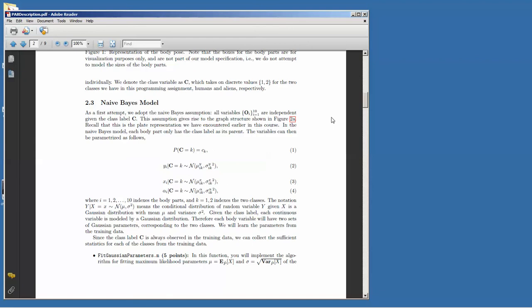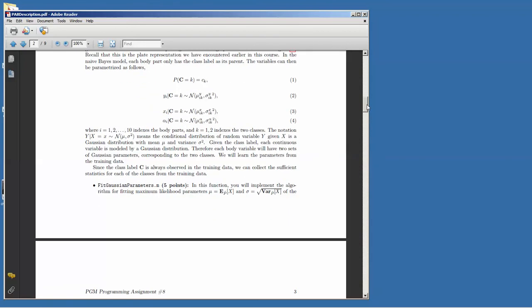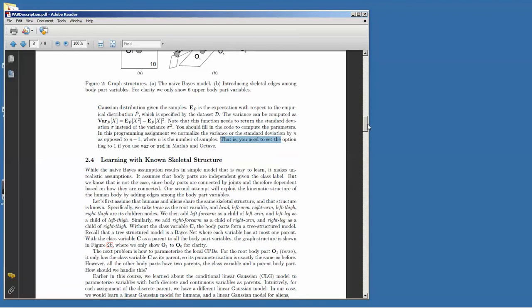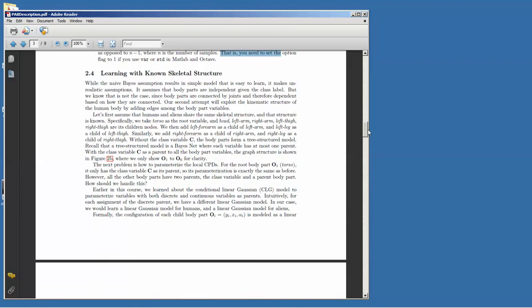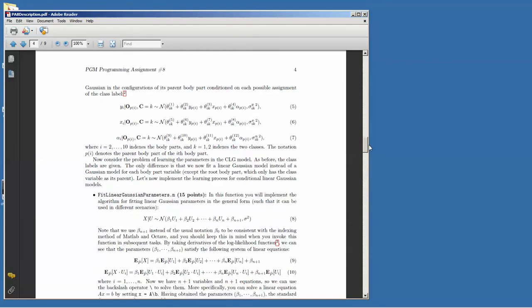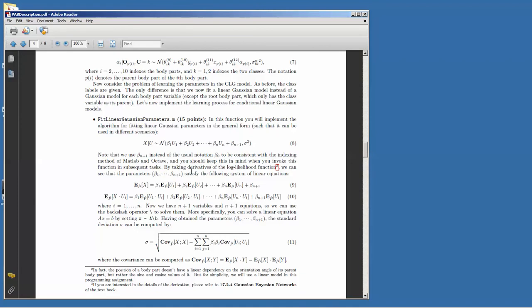However, when we talk about the conditional linear Gaussian, which is this guy here, fit linear Gaussian parameters, what we are trying to do here is, given the parents, how to linearize this Gaussian, how to parameterize that in a linear fashion.